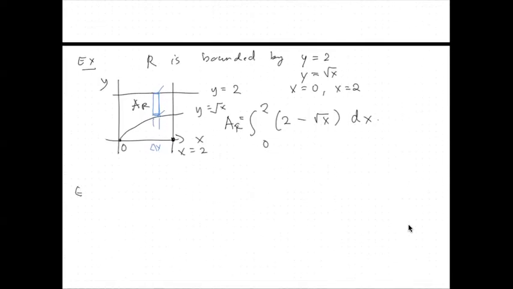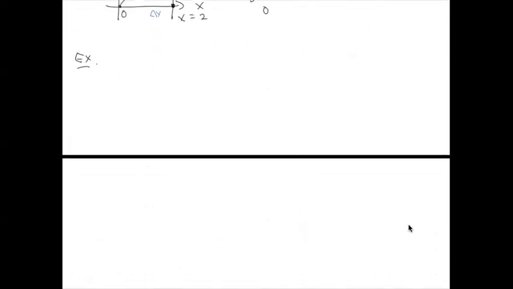Okay, sometimes your graph is not easily given, the intersection or the upper and lower limit of integration is not given, and it's just implied by the situation or the scenario given in the problem.